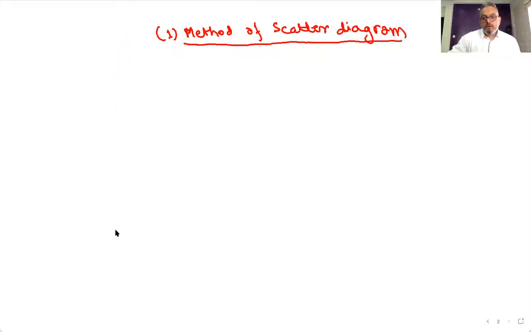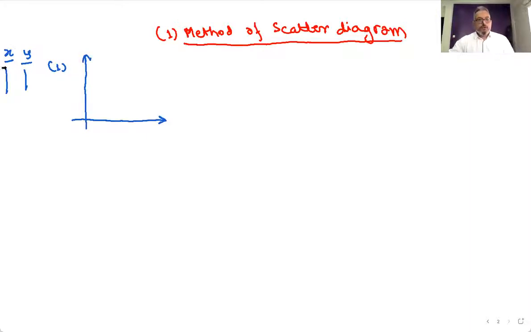In that case, we have values of x and values of y. First graph: we take the x axis and y axis. This is the x axis, this is the y axis. We take the values of x and y and we start plotting. We get the plot like this.